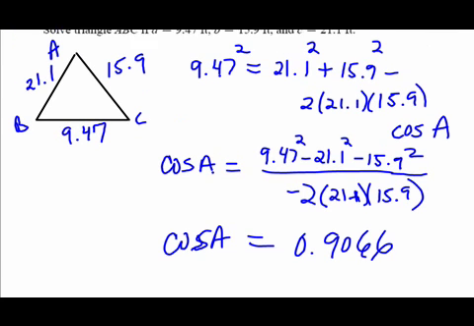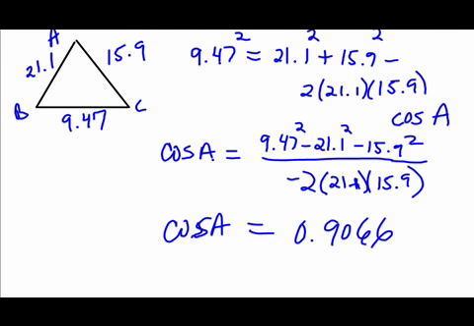And here's something else that's really nice about the law of cosines. Here is a cosine that is positive. What two quadrants do you have a cosine being positive? 1 and 4. You don't have to worry about the quadrant 4 answer. You can't have an angle in a triangle that's between 270 degrees and 360 degrees. So you only have to worry about the quadrant 1 answer.